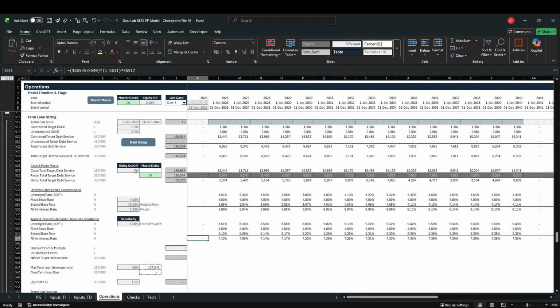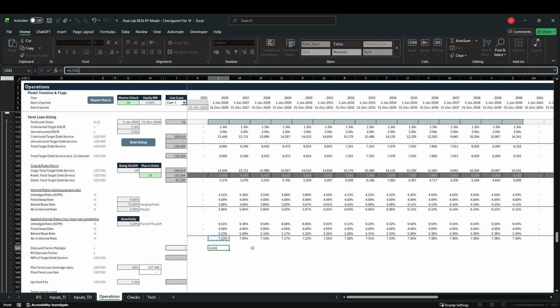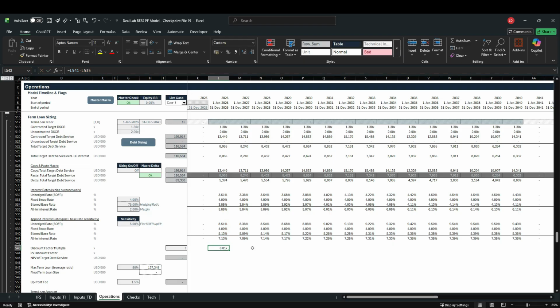And you can see we have a significant uplift in our all-in interest rate, but not by actually 5%, but by significantly less. And this is actually an increase of, it should be 1.25%. Let's double check this. And why is it 1.25%?